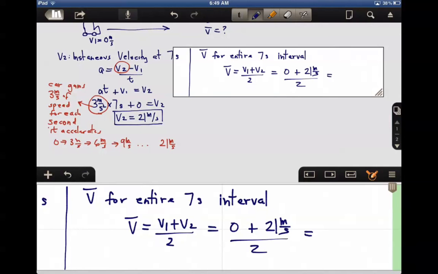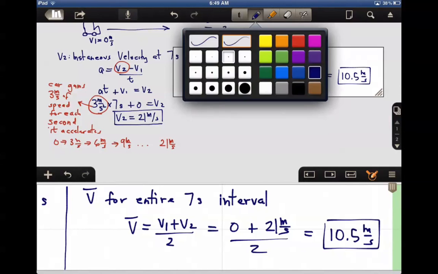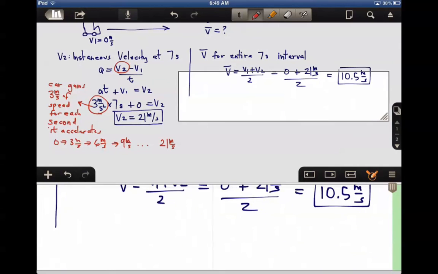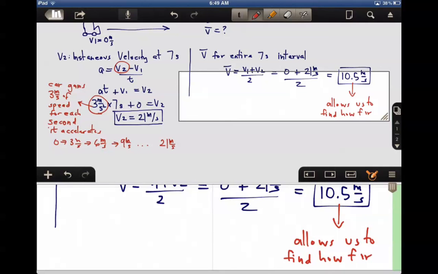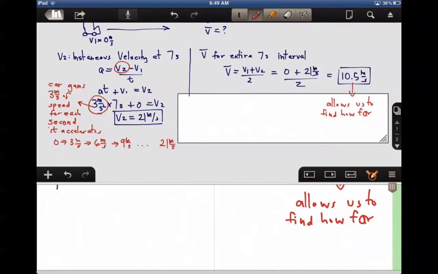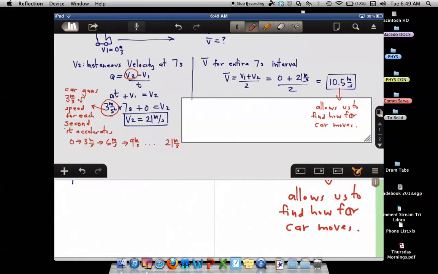Divide by 2. 21 divided by 2 is 10.5. Now this value will be useful in the next lesson because this will allow us to find out how far the car moves. And that is the end of the lesson on instantaneous and average velocity.